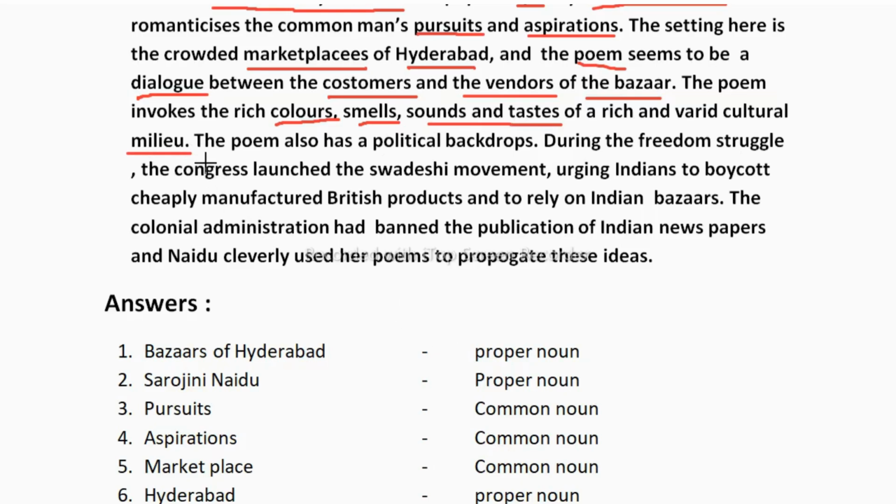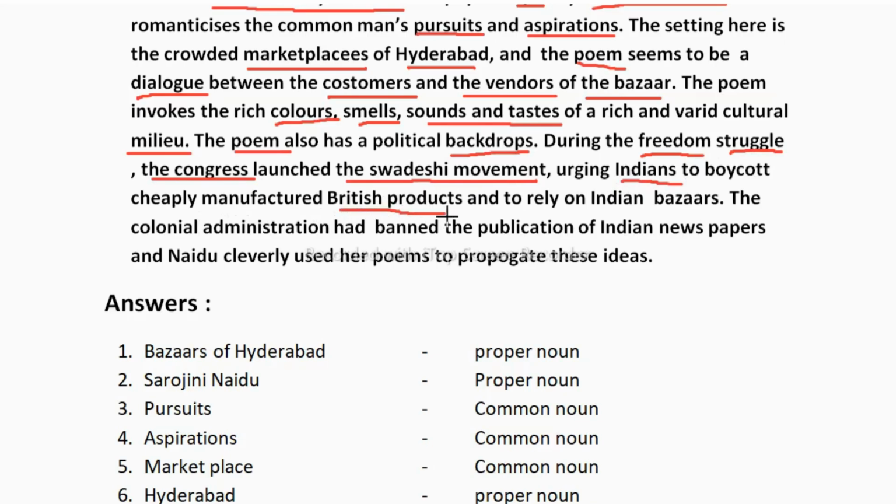Now in the next sentence, the poem again, we have taken the poem. Political backdrop. Backdrop is also a noun. Freedom, which is also an uncountable noun. Struggle, which is a common noun. The Congress launched the Swadeshi movement. Again the Swadeshi movement is a noun. Urging Indians, which is also a noun, to boycott cheaply manufactured British products.